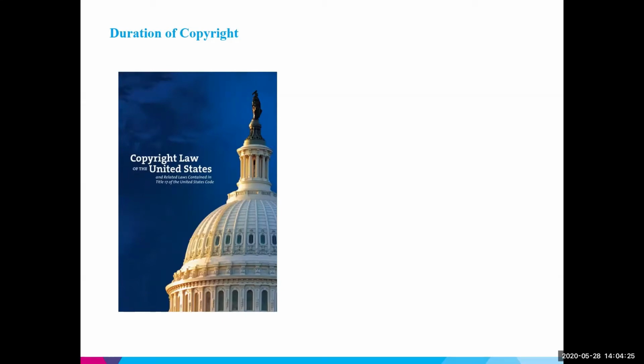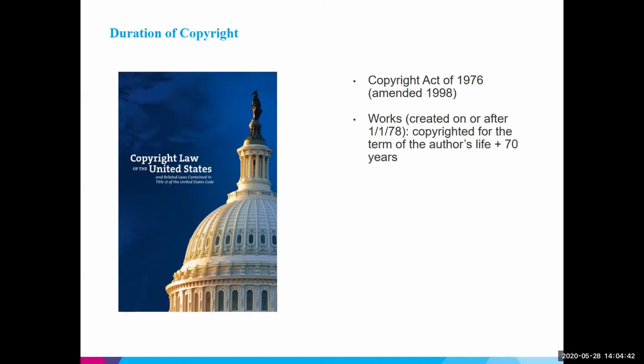And now I'm going to talk a little bit about how long copyright lasts. So when we're talking about copyright, we are referring to the Copyright Act of 1976, which was amended in 1998. And it states that works that were created on or after January 1st, 1978, because even though it's the Copyright Act of 1976, it didn't go into effect until 1978, are copyrighted for the term of the author's life plus 70 years.